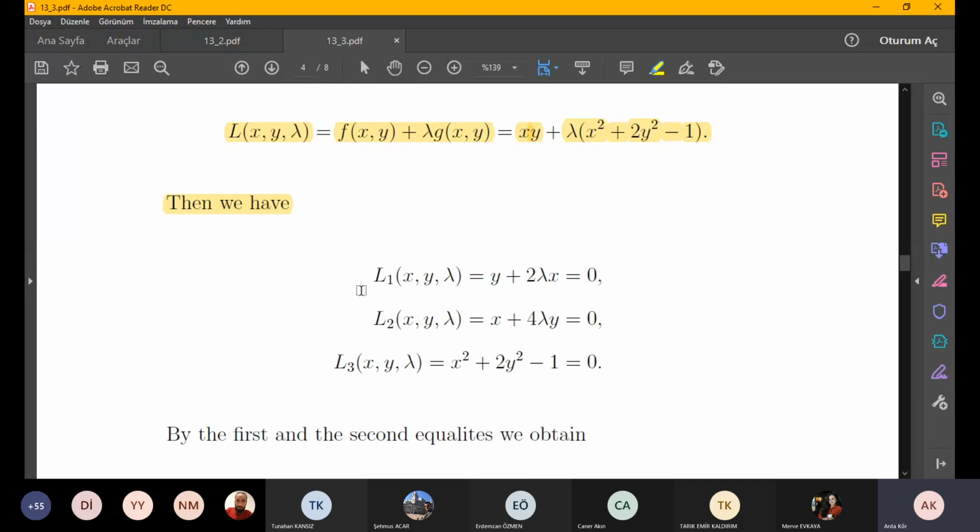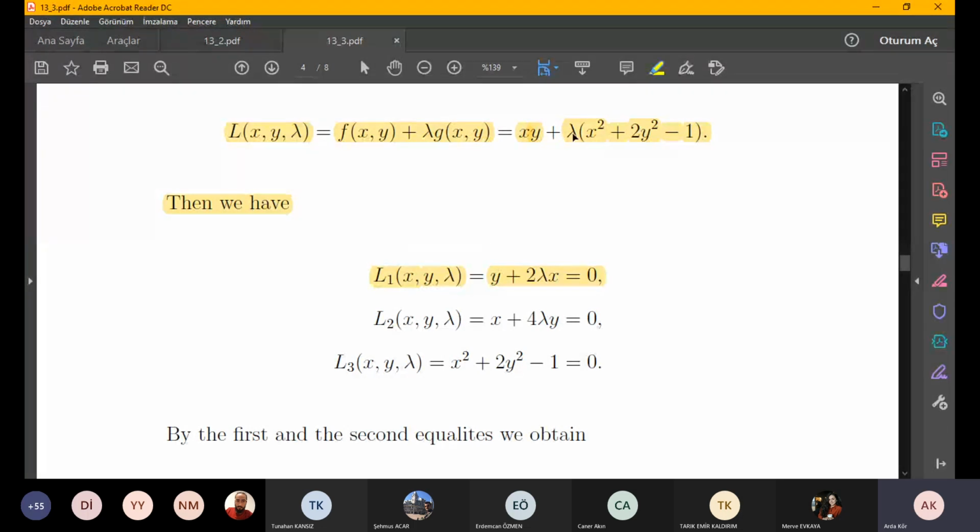will be defined by taking the partial derivatives of the Lagrangian function. So if you find L1(x,y,lambda), it will be the first partial derivative of the Lagrangian function with respect to x, which will be y plus 2 times lambda x.